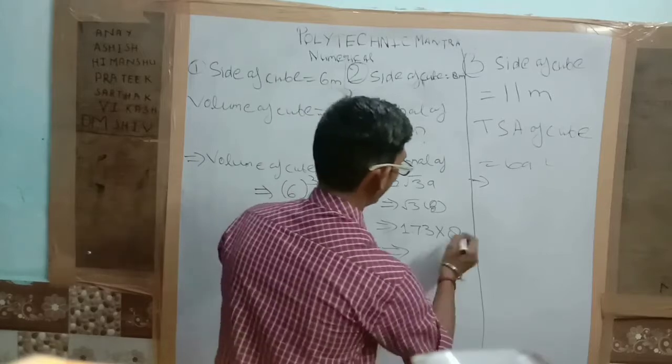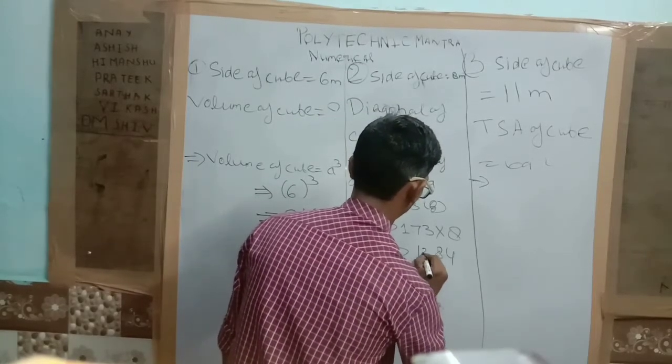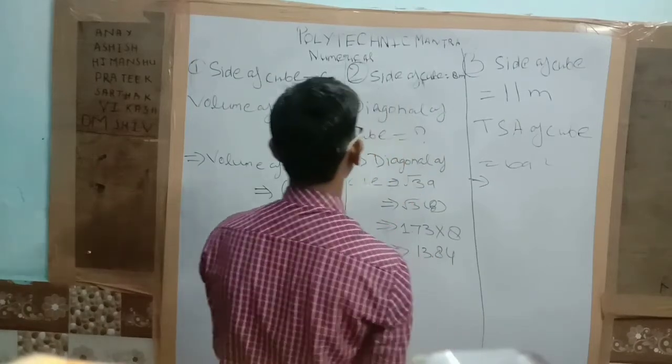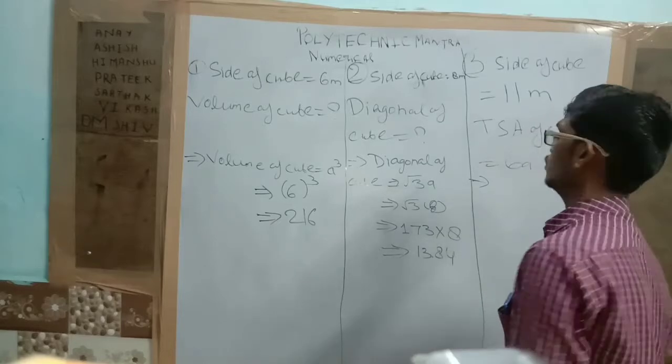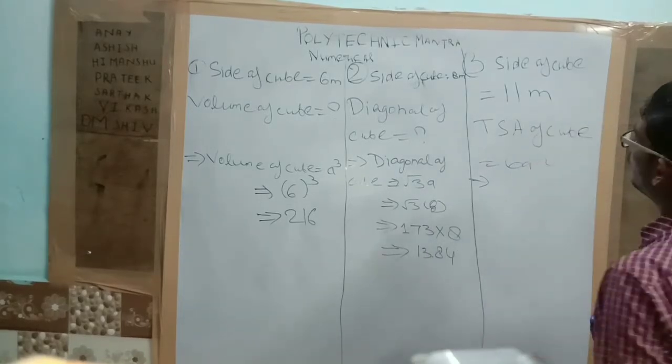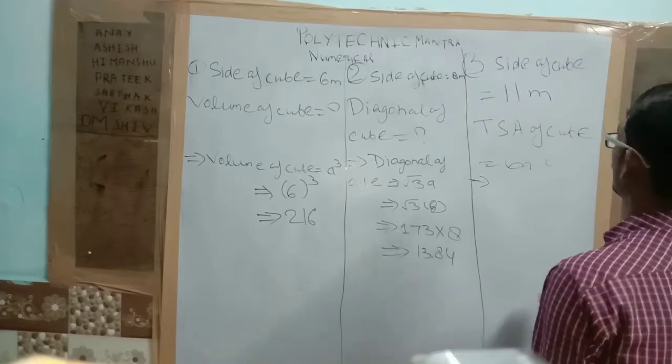So here the answer is 10.38. Now we have to find TSA of cube, means total surface area of cube.